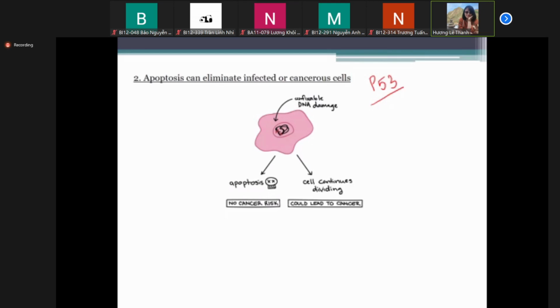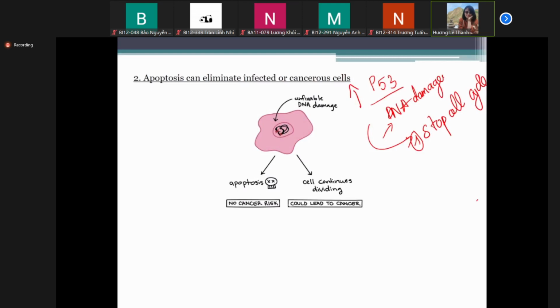From my previous lecture: if DNA damage is detected, P53 will increase, and it has three jobs. First, it stops the cell cycle to take time to fix the DNA damage.